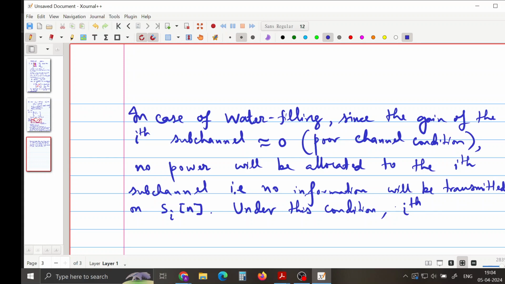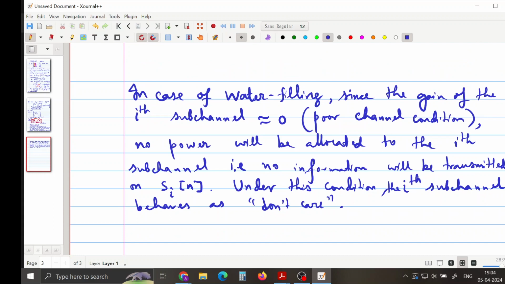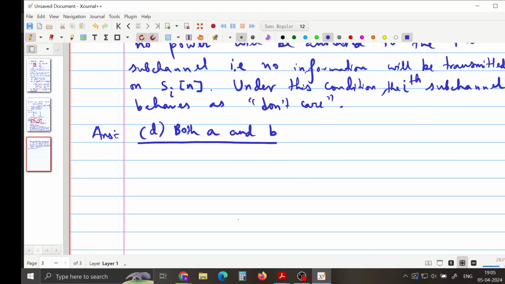So both option A and B were the correct answer. Option D, saying option A and B both are correct, is the correct option. And then we can move on to the fourth one.